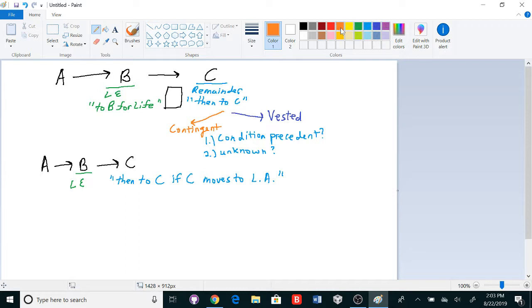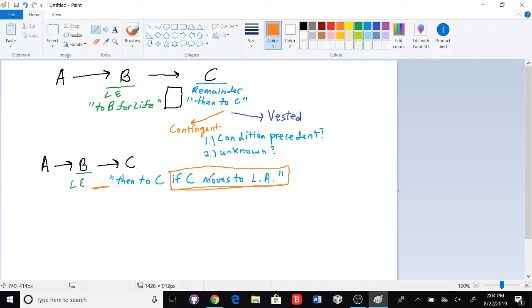The following language, if C moves to LA, is a condition precedent. What's a little tricky sometimes is that when you're rushing through something, and I made this mistake a lot, you think, oh, it's not before the word then, thus there's no condition precedent. Well, that's not the case. It's something that has to occur before C can take possession. And in this case, it's if C moves to LA.